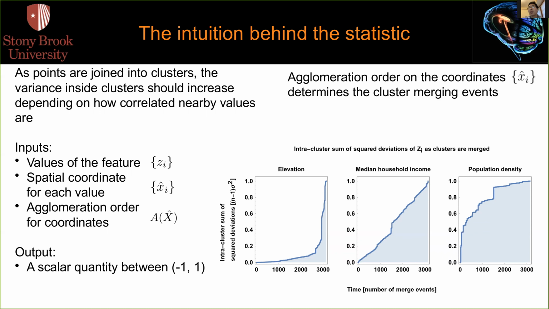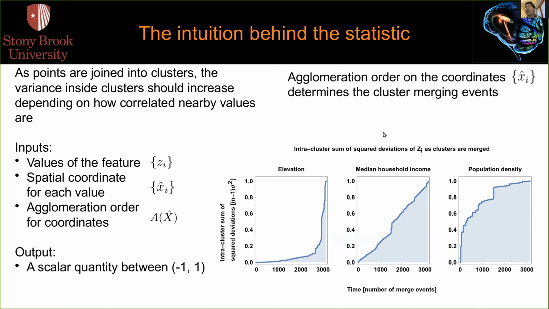So formally, we would take the variable Z, Zi, some feature, and for each Zi there would be a spatial coordinate attached to it, Xi, and this X can be in 2 dimensions, 3 dimensions, more, that's somewhat general. And then we would need an agglomeration order defined on the coordinates. So the merge order has to be solely a function of the coordinates Xi. And then we would want to get an output that is a scalar quantity between -1 and 1.